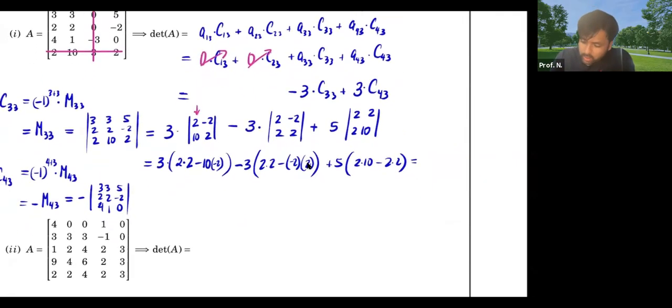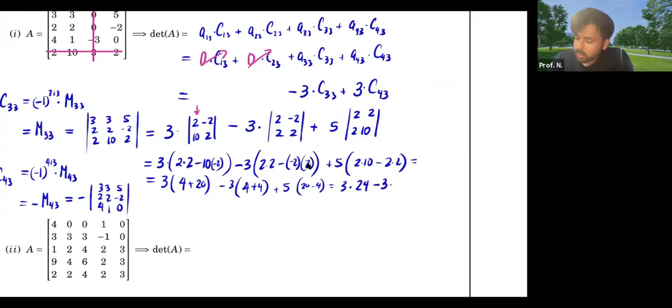So then, to be consistent, this becomes 3. This is 4 minus or plus 20 minus 3. This is 4 plus 4 plus 5. This is 20 minus 4, right? 20 minus 4, which is 3 times 24 minus 3 times 8 plus 5 times 16. And then you can put that in your calculator if you want, just to figure out what those numbers are.